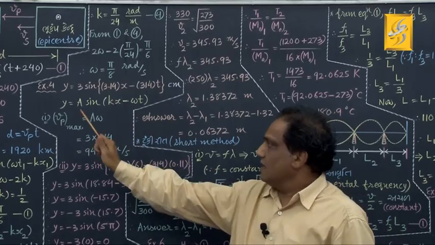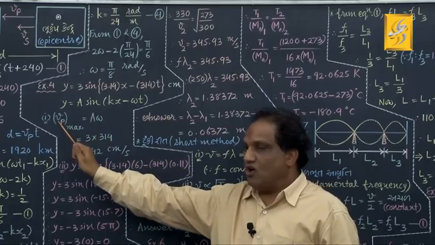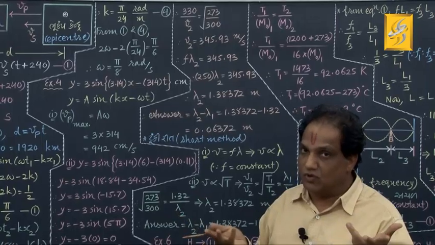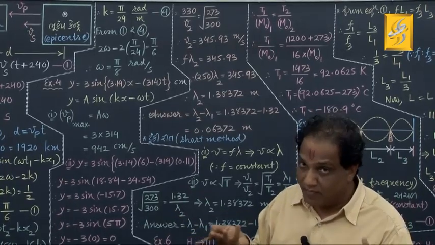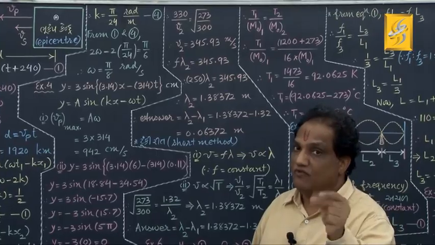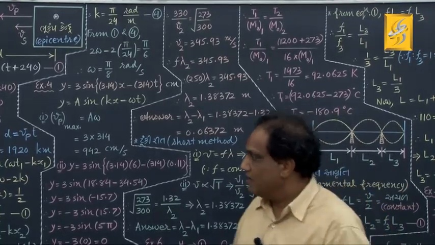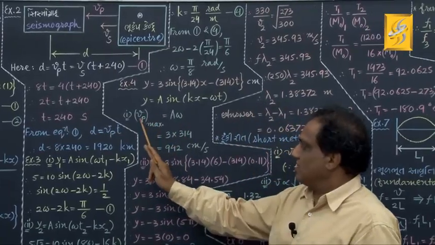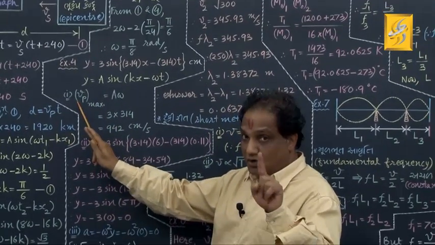Maximum velocity of particle during the propagation of wave, the maximum velocity for oscillation of a particle is Vp maximum. How much was it? A omega. Earlier also we had used the same result.